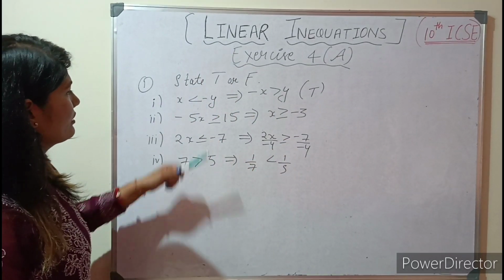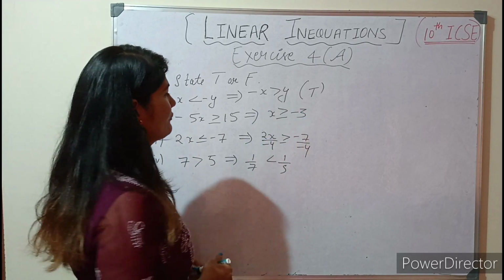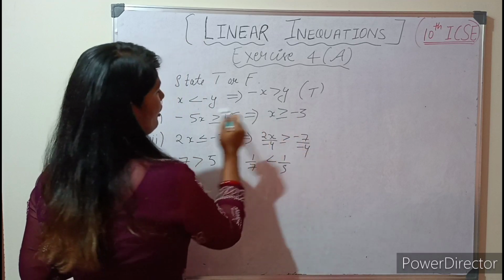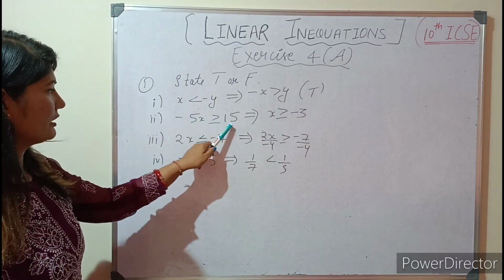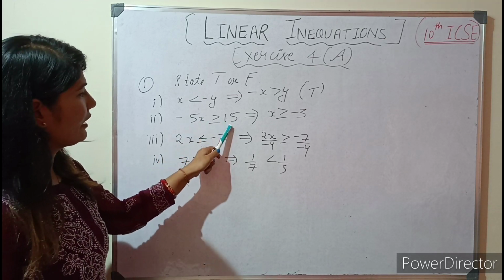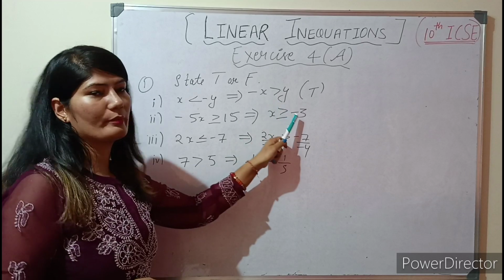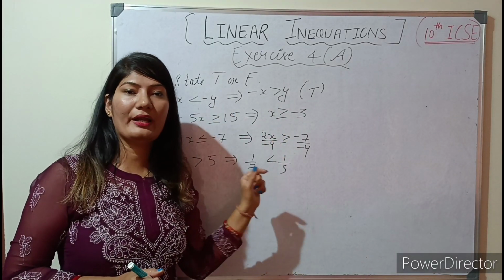Now moving to the second part. Here again you have to see the result. Here x is greater or equal to minus 3. It means you will divide by minus 5. Clear? You will divide here by minus 5, you will get x, and the same here you will divide by minus 5, you will get minus 3. But again in this case you have to remember rule 5 and rule 6.